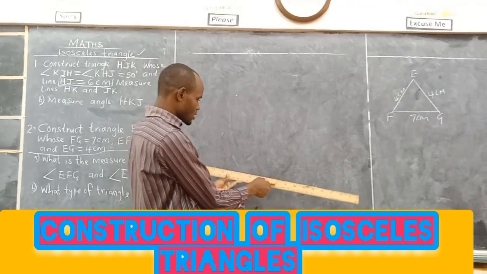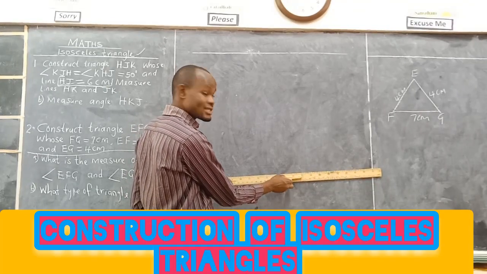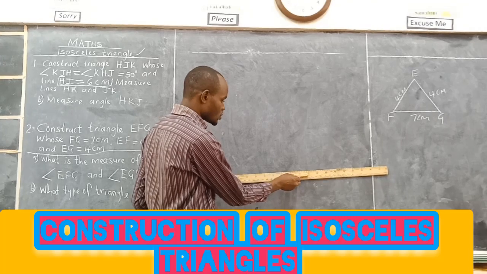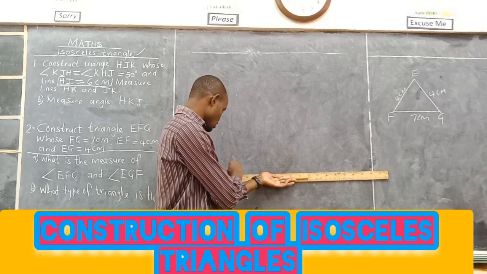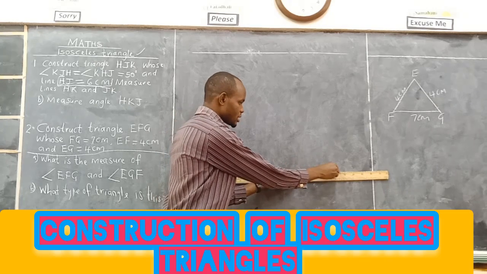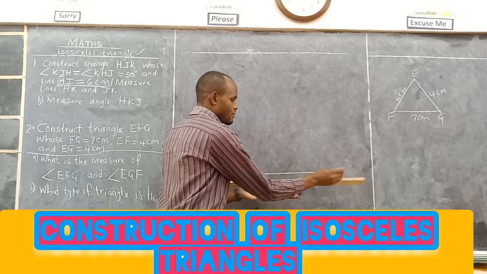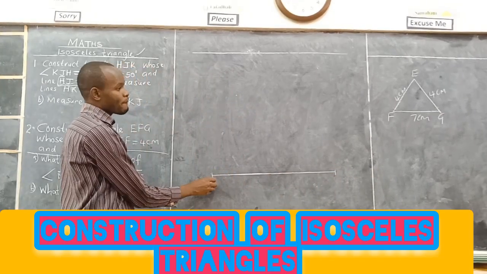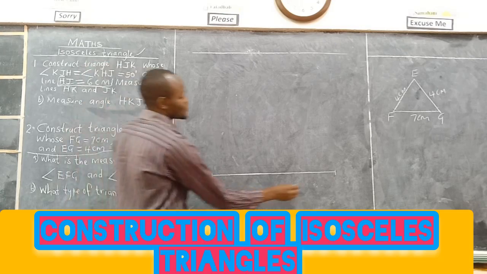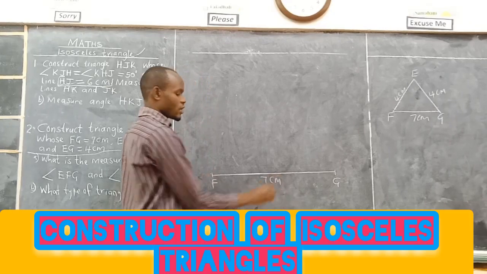Draw 7 centimeters somewhere at the center of your page, using a new page. So you draw line FG, which is 7 centimeters. Mine is written 70, but I just want to use that as 7 centimeters. This one is F and this one is G.